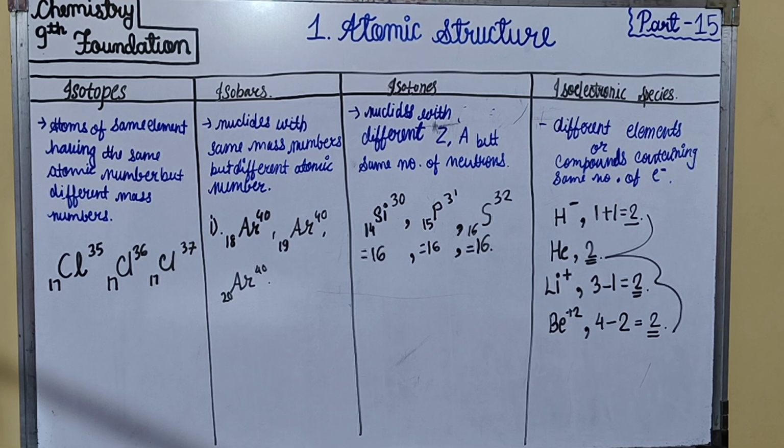In 1897, J.J. Thomson found the electron. In 1909, Ernest Rutherford discovered the proton. In 1911, Ernest Rutherford discovered the nucleus. So these are the main scientists who showed us the atom.